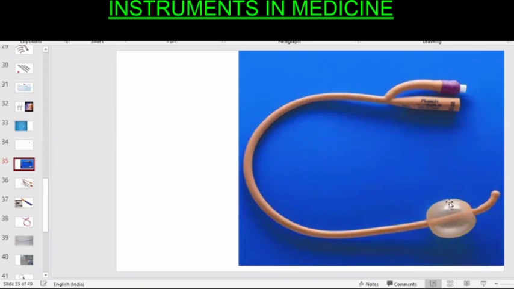Unfortunately, if you want to remove the Foley's catheter and you cannot deflate the balloon because this channel is blocked, what other mechanisms can you use? We can push excess saline and rupture the balloon.